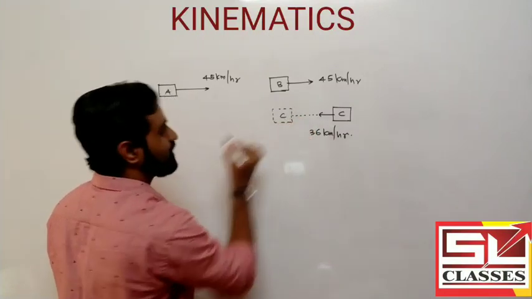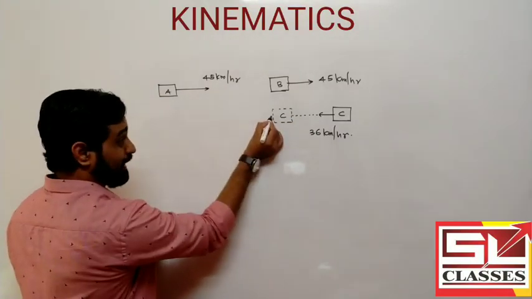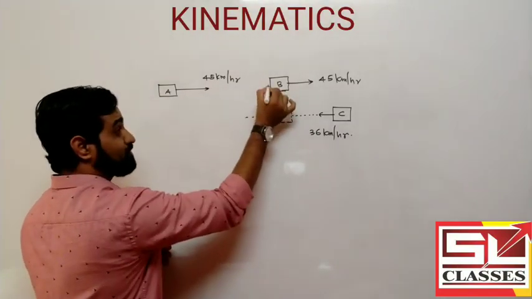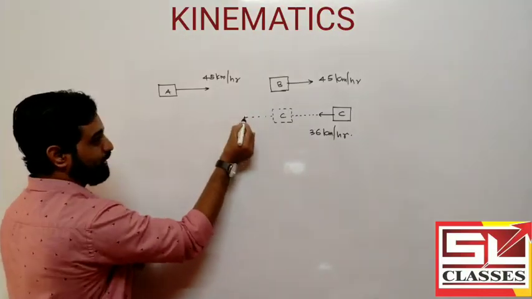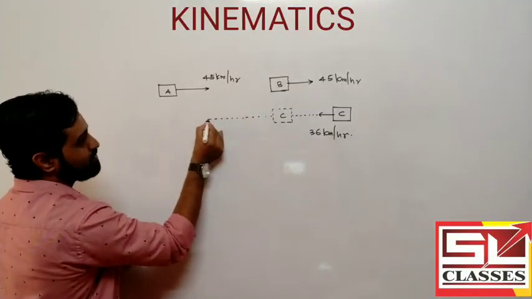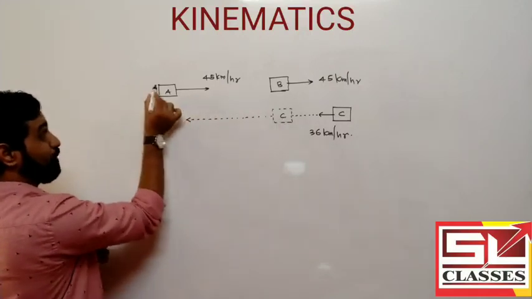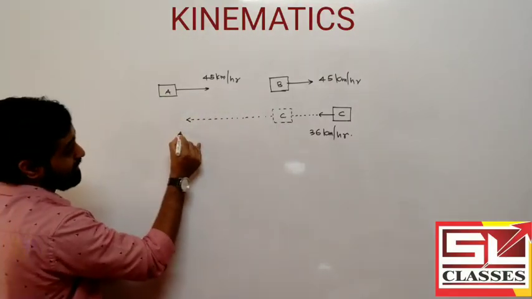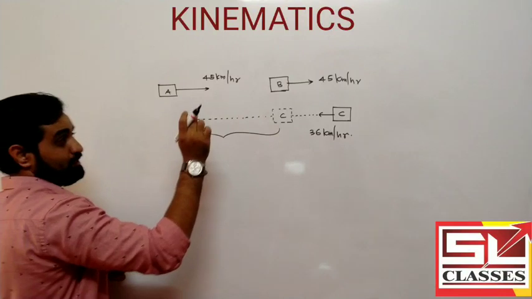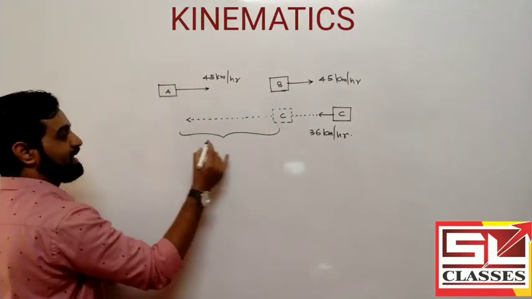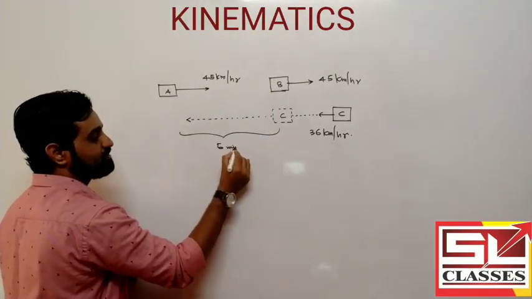The car C will reach here. Then the car again moves. So after crossing the car B, the car again moves in this direction, and after some time the car C meets car A, and the time interval between the meeting of B and A is 5 minutes.